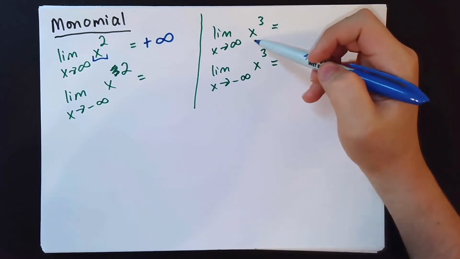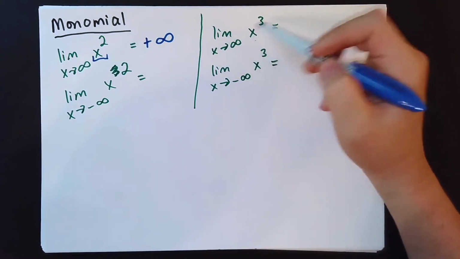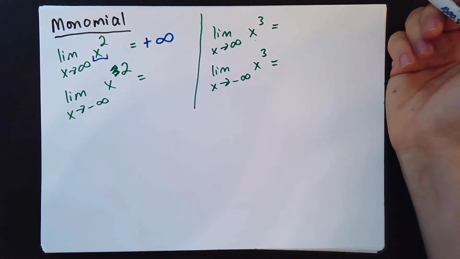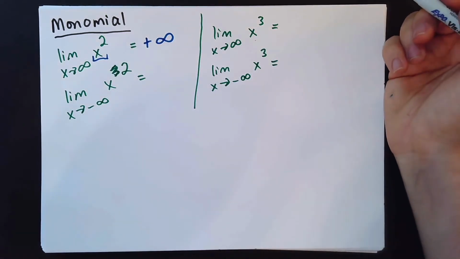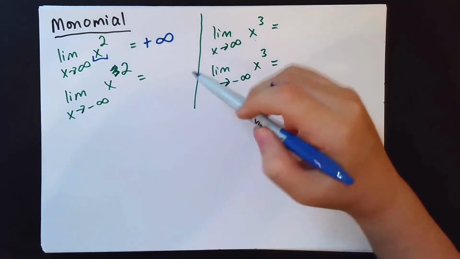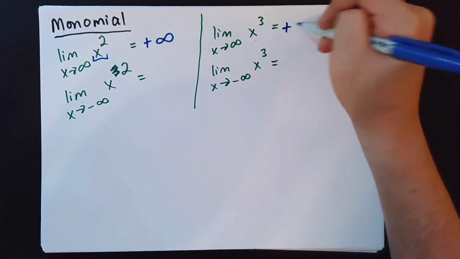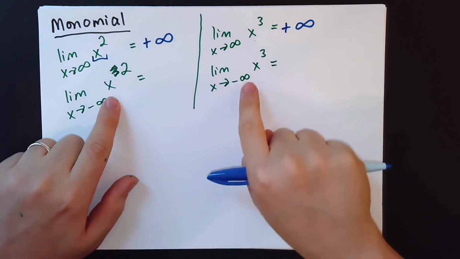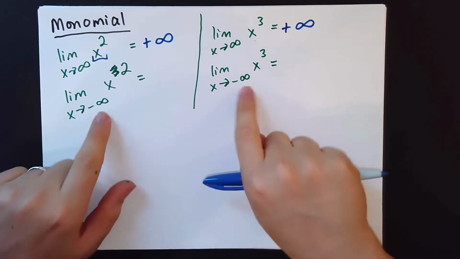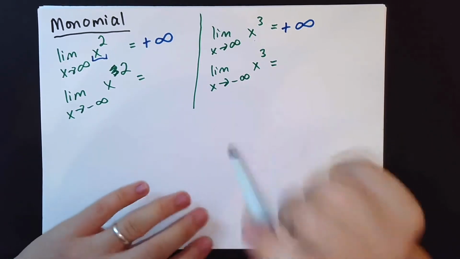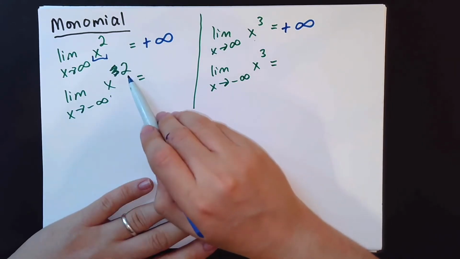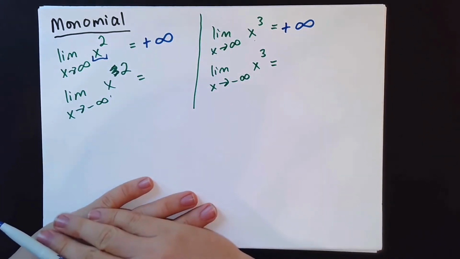Exactly the same thing is in fact true of x cubed. If I take a huge positive number and I cube it, I'm going to get a huge positive number back. So huge positive input means huge positive output. So plus infinity. The difference between x squared and x cubed is going to live in what happens at minus infinity. Okay. So if I put a huge negative number into x squared, what am I going to get back?